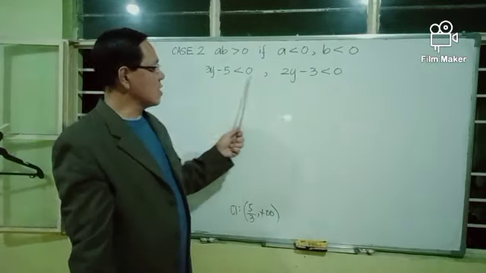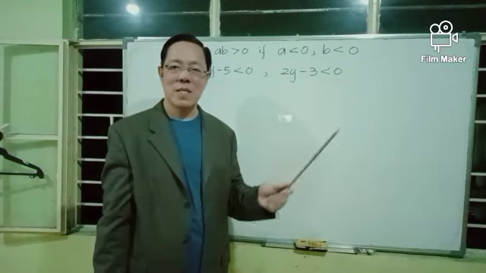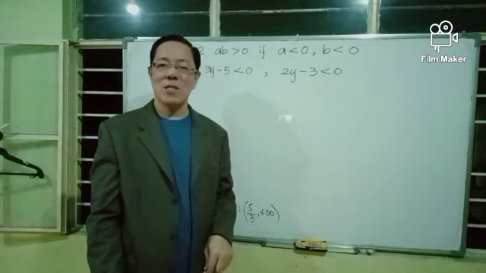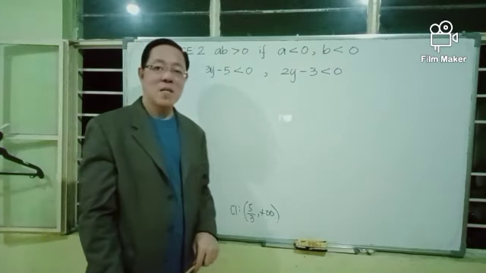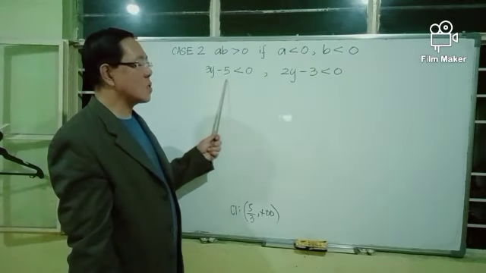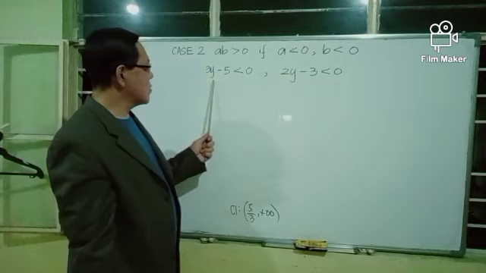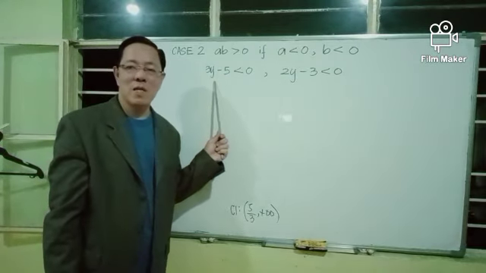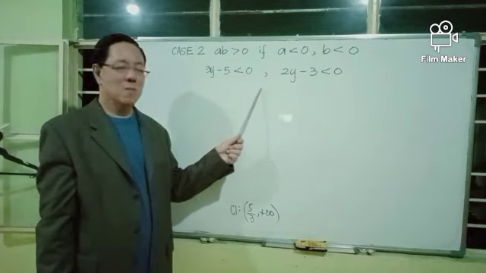And we solve each linear inequality separately, and we take the intersection of their solutions because the values of y should satisfy both of these linear inequalities. We start solving the linear inequality 3y minus 5 less than 0.